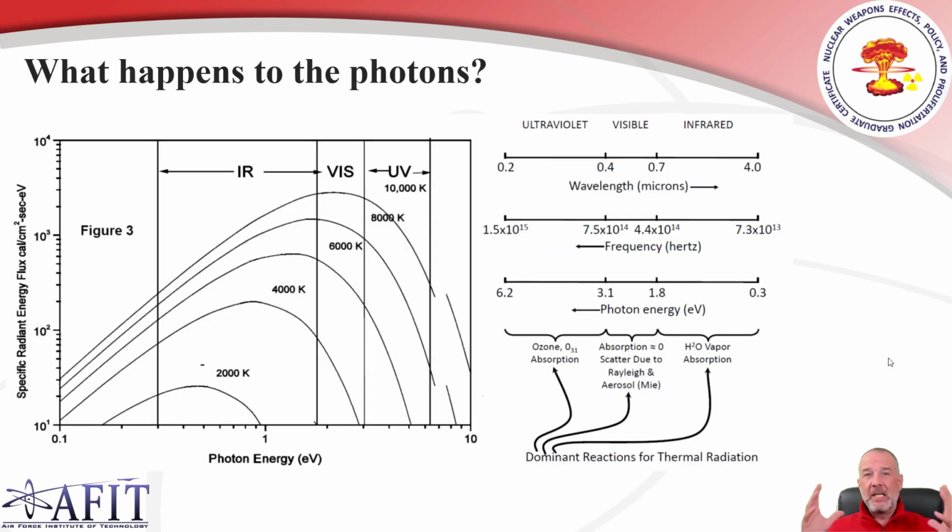So what happens to these visible light photons? Again, we see some that are going to be absorbed as they go through the atmosphere by various chemical species. So we see here a simple chart that has the energies of these different photons. We have the radio waves all the way over to the left-hand side. We have infrared, we have visible, we have ultraviolet, and then we have temperature. And these temperatures are the same as those of the Planckian distribution that we saw for the X-ray photons.